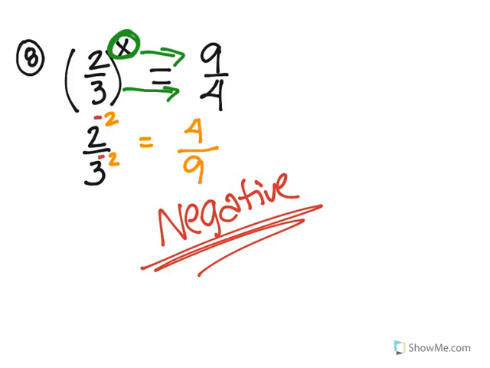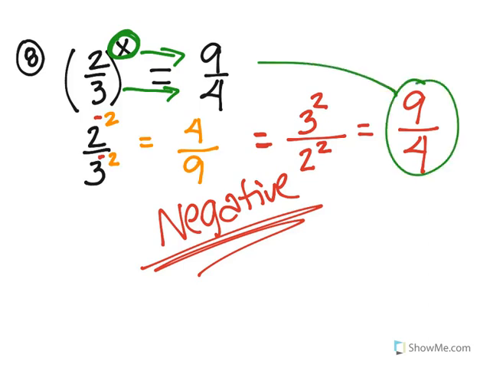So if those 2's were negative, and I'm going to write it in red over here, that would mean that 3 to the second would have to come to the top, and 2 to the second would have to go to the bottom. You remember we said you have to move negative exponents. And that way, 3 to the second is 9, and 2 to the second is 4. That way, it will match. So, what is x?